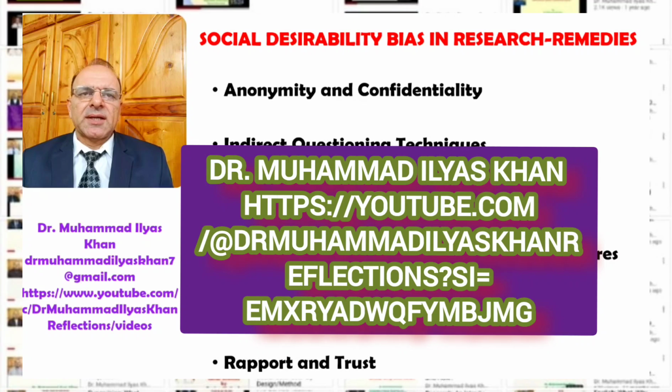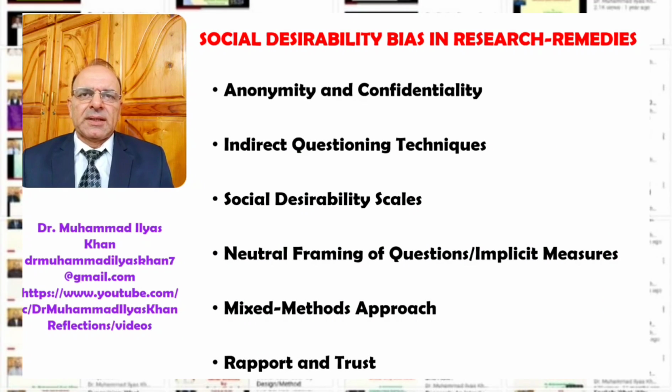Again, this is related to indirect questions. Instead of leading the respondents to answer in a particular way, the researchers ask neutral questions where there is more objectivity in the responses from the participants. So this can work towards reducing social desirability bias.